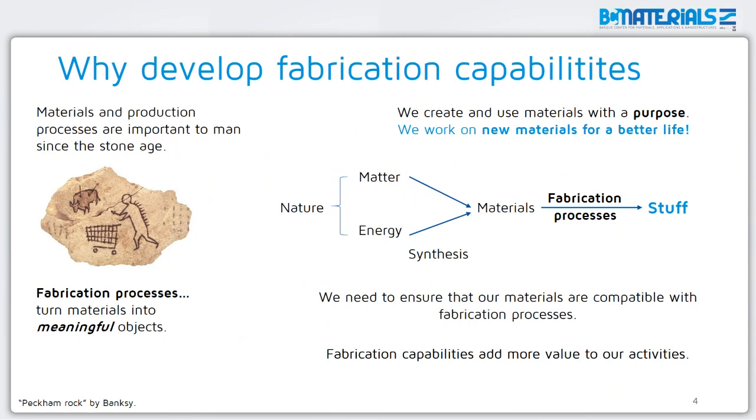That's why our mission, our motto is to make materials for a better life. So if you want to really make a better life for anyone based on materials, you need to make sure that these materials can be processed by a fabrication process, so that eventually somebody can take these materials and turn them into stuff. These can be objects, it can be devices, it can be anything that is useful to somebody out there.